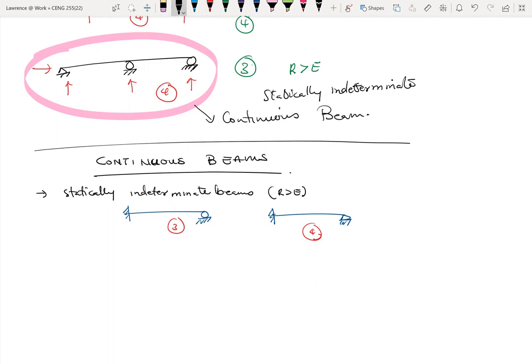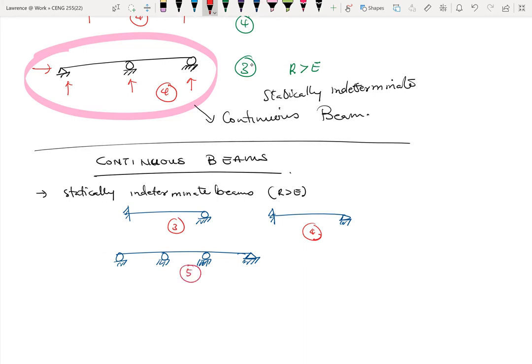We could have longer ones. This one has five unknown reactions, and so on.